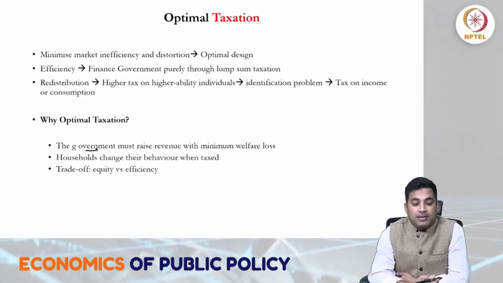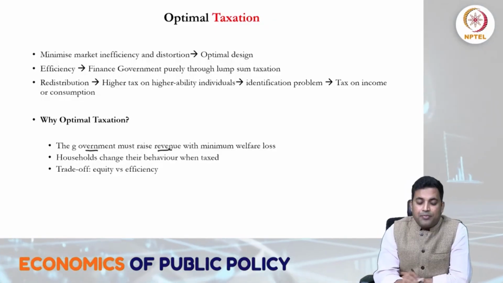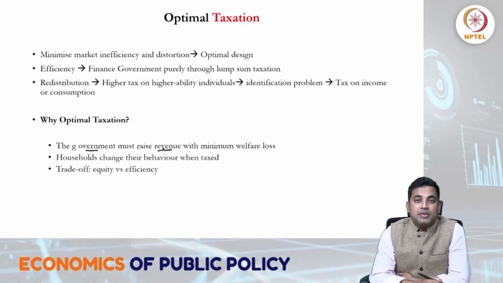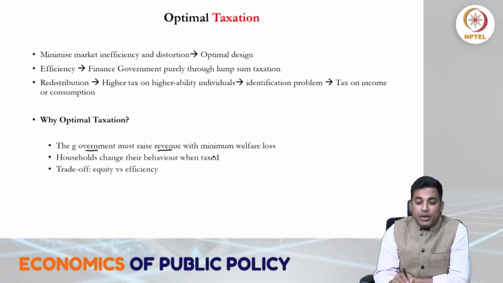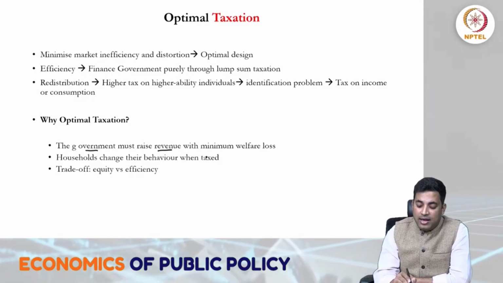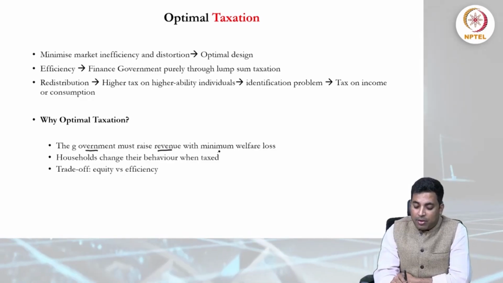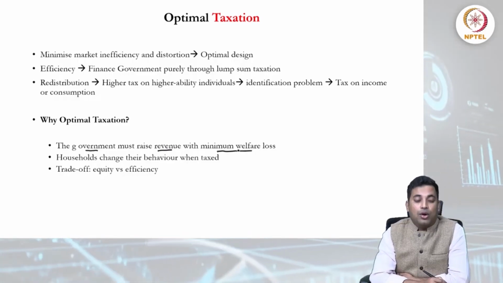The government must increase revenue, but at the same time it should not be at the cost of others. And when we say at the cost of others, the point we are talking about is minimum welfare loss.